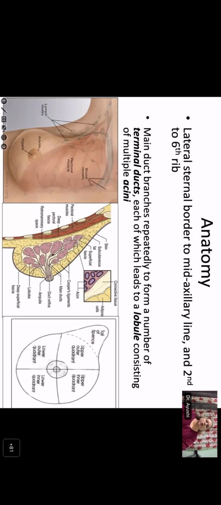Clinically, radiologically, grossly as well as microscopically, it is difficult to delineate where one lobule ends and the other begins. There are no actual anatomical divisions between the various lobules, and so we artifactually divide the breast into 4 quadrants by passing lines through the nipple.